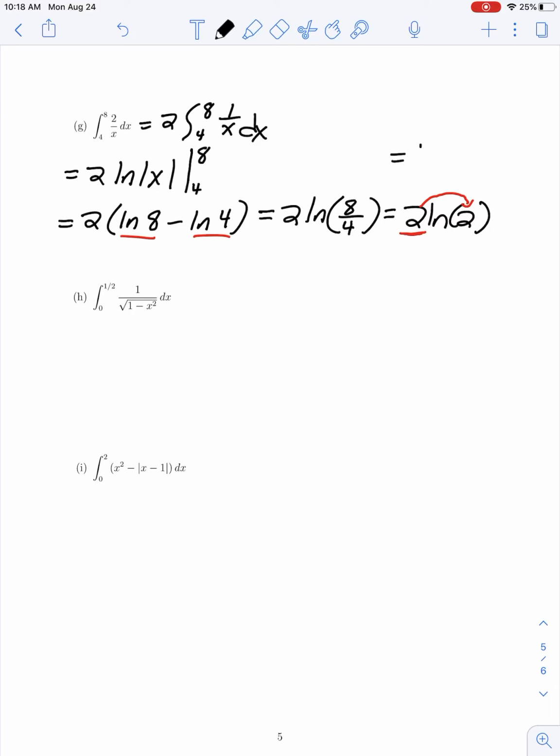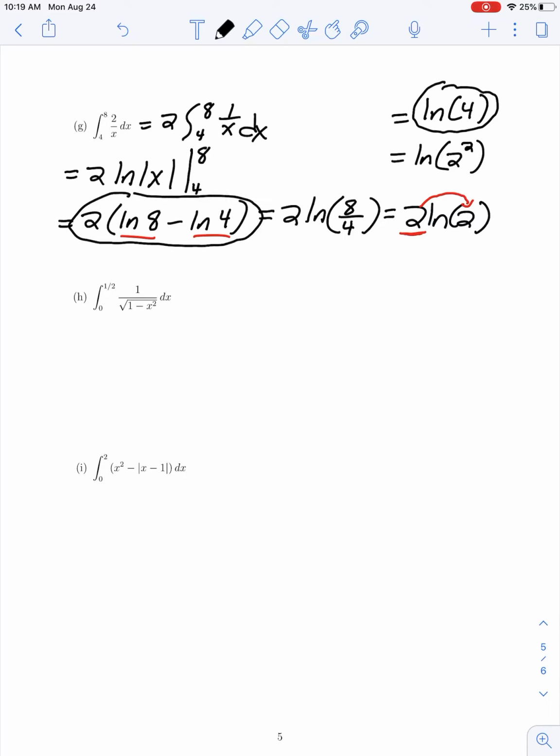So 2 times the natural log of 2 is the same as the natural log of 2 squared, which would just be the natural log of 4. Now, in this case, of course, any of these answers would be acceptable. These are all the same number, but just illustrating here that you can simplify an expression involving logarithms by using properties of logs. So let's look at another one.